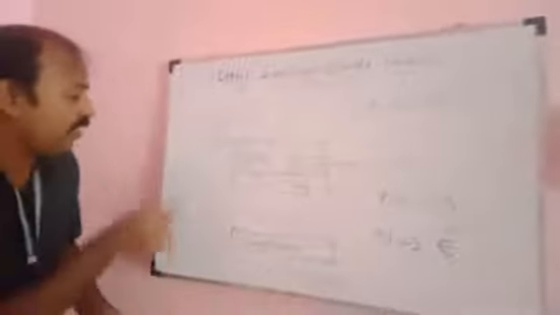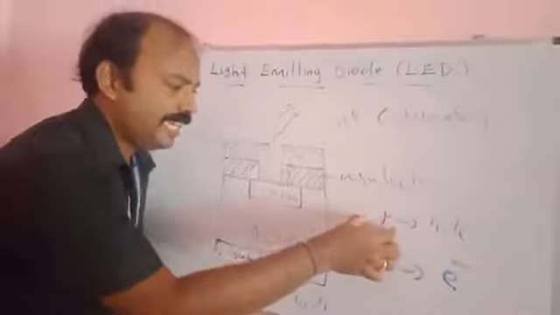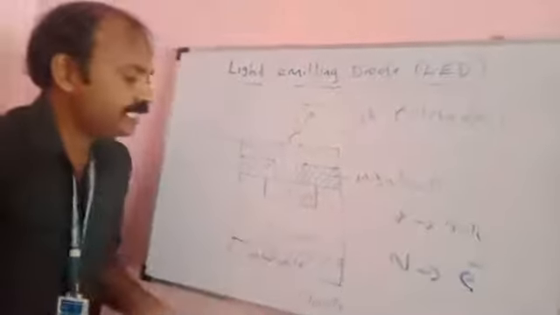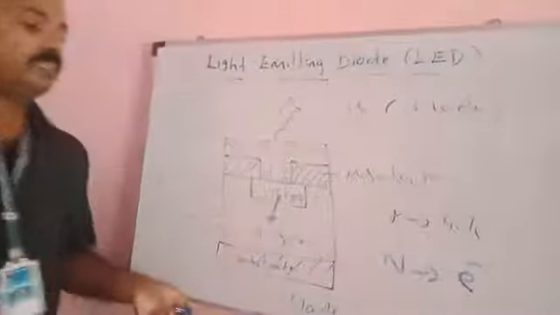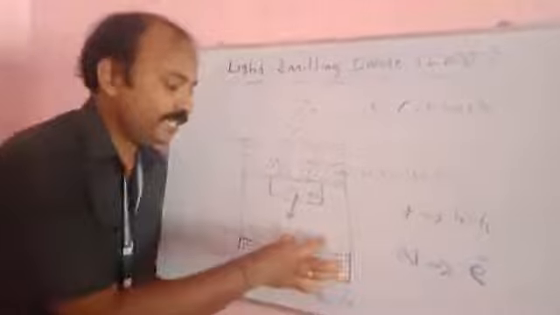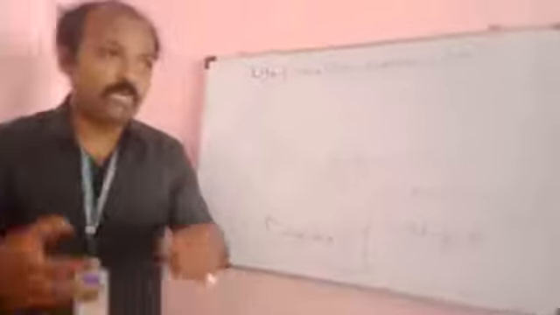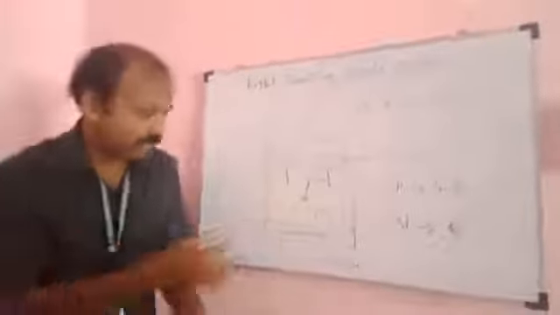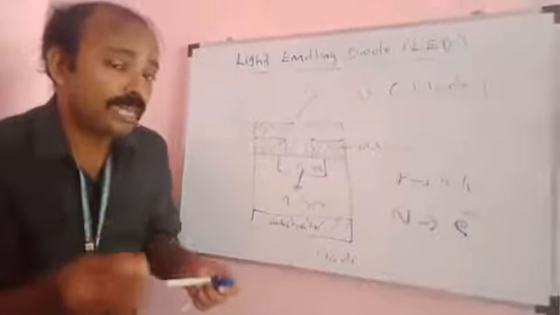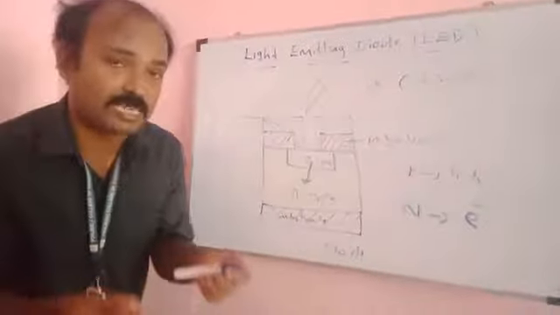When a suitable forward biasing is provided, the majority charge carrier of P-type semiconductor, this hole, enters into the N-type semiconductor, so that in that N-type semiconductor, the minority charge carrier amount is going to increase. So once again, in N-type semiconductor, hole is a minority charge carrier.